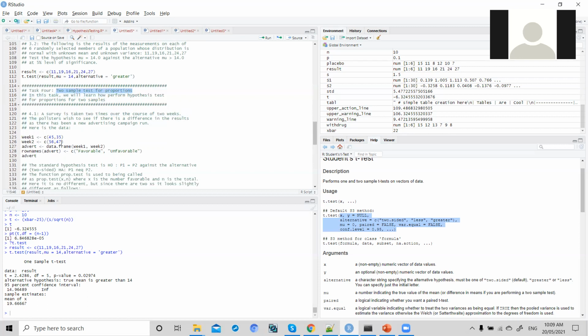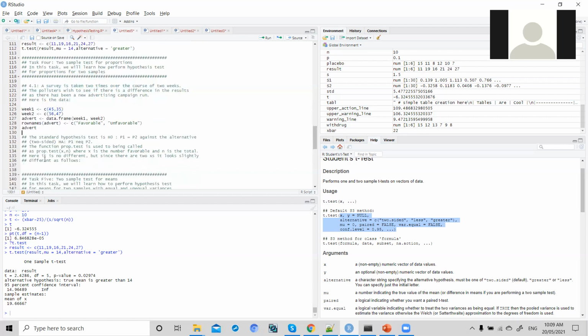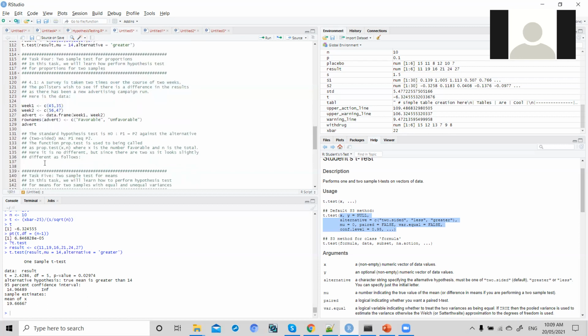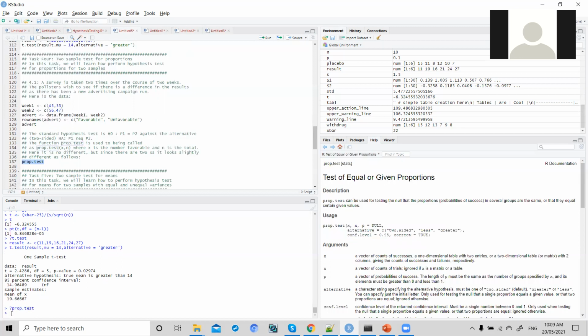So in a two sample test, how do we compute the testing? We do prop dot test. Prop dot test means this is the proportion. So x will be the number of successes out of total n.